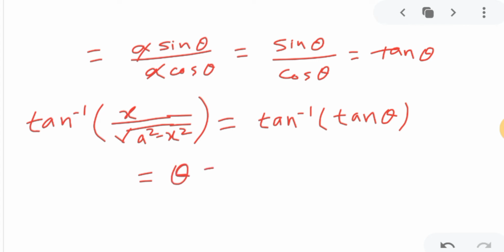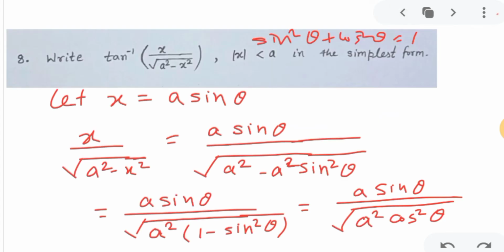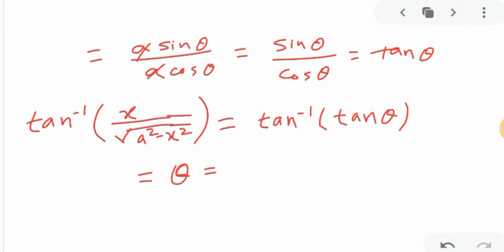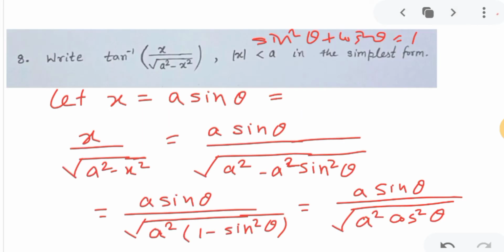Okay, so theta, and since x is equal to a sin theta, it means sin theta is equal to x upon a.